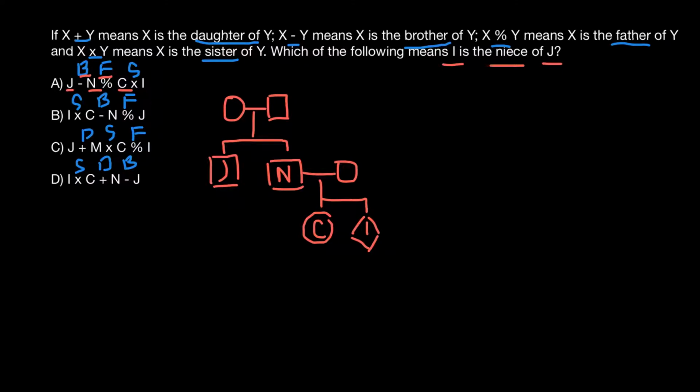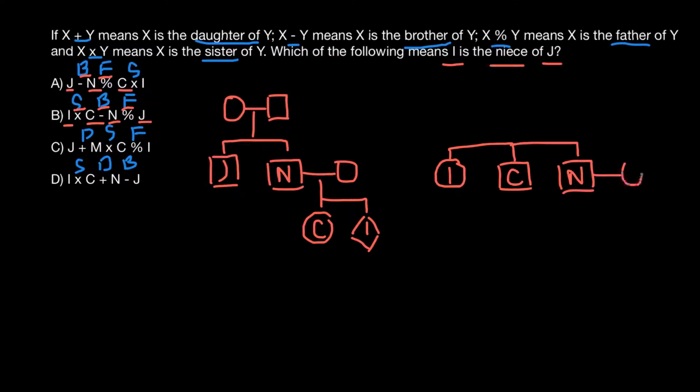What do we see here? I is a sister of C, and C is a brother of N. And N is a father of J. The sex of J is also not specified.